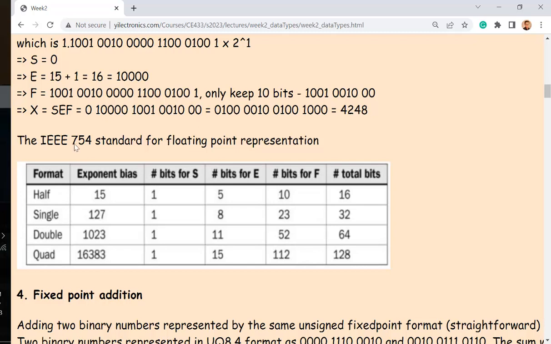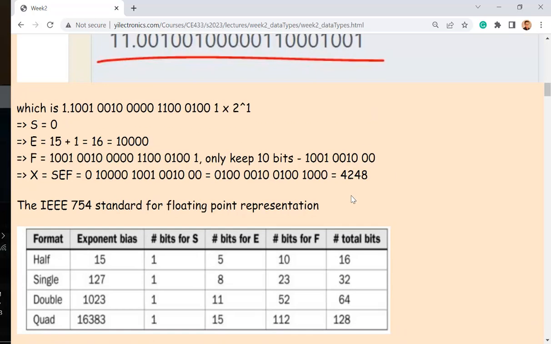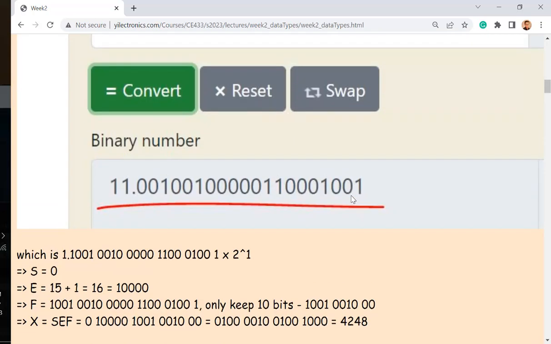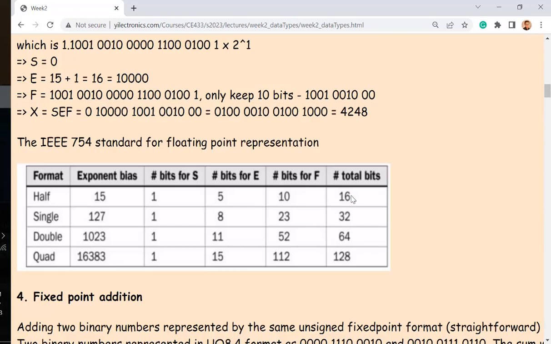The half precision has a bias of 15, and 1 bit for S, 5 bits for E, and 10 bits for F. So total is a 16-bit floating point format. So we're expecting 4 hex numbers. That's why we're getting 3000, because it's 4 hex digits.